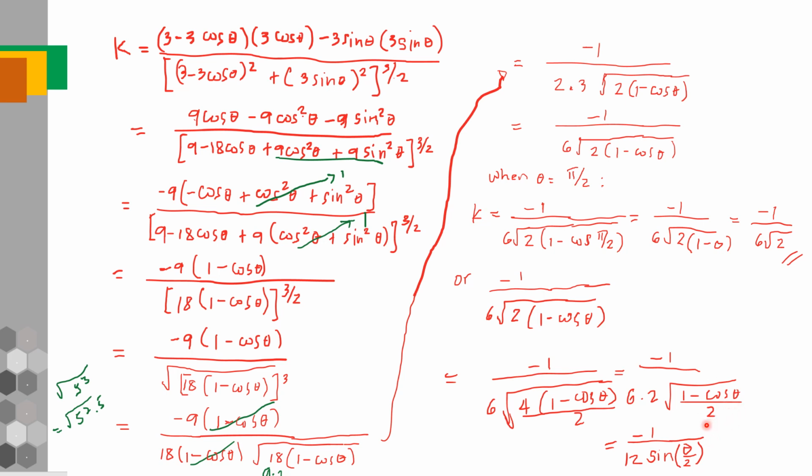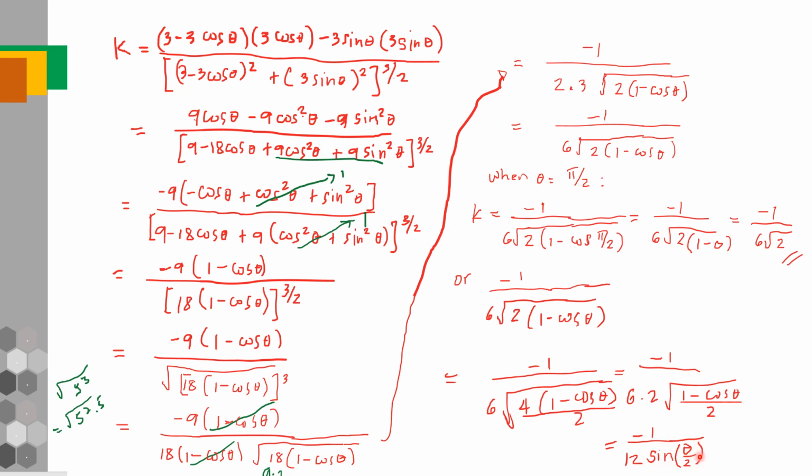And alam naman natin na yung square root of 1 minus cosine theta, that is sine of theta over 2. Nandun yan sa trigonometric cheat sheet na binigay ko sa inyo sa group chat, no? So, this is an identity for half angle formula. Okay? So, we have negative 1 over 12 sine of theta over 2.